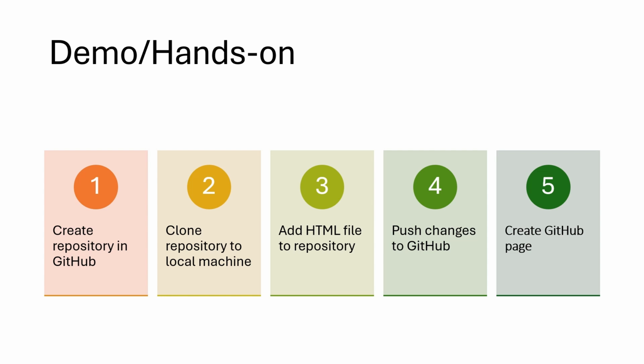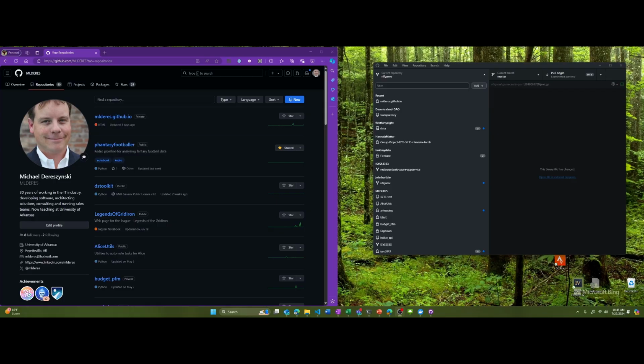Finally, once we've completed these five steps, any updates we need to make are simply repeating steps 3 and 4 until we have all the pages we want or all the changes we want on our web page. Let's take a look. All right, time to take a look at how to create GitHub Pages.